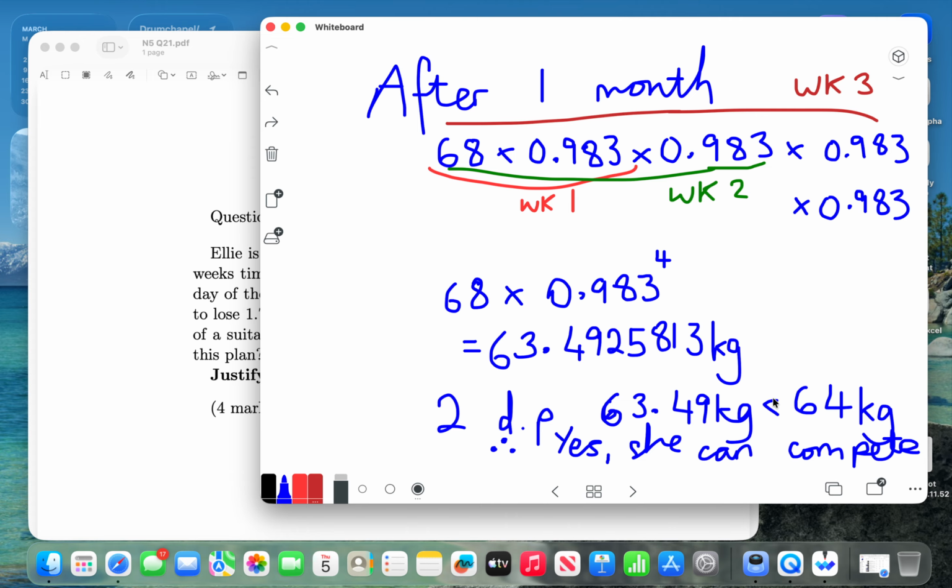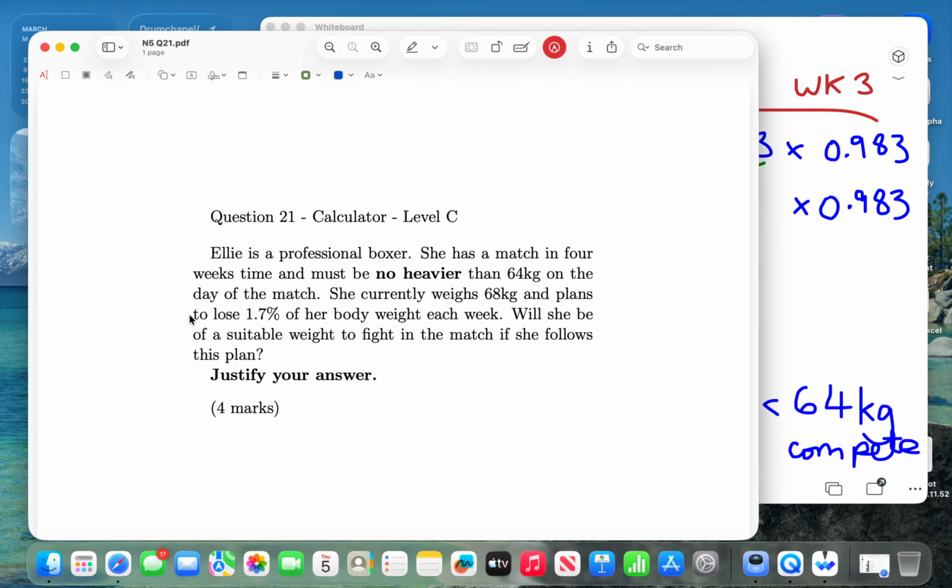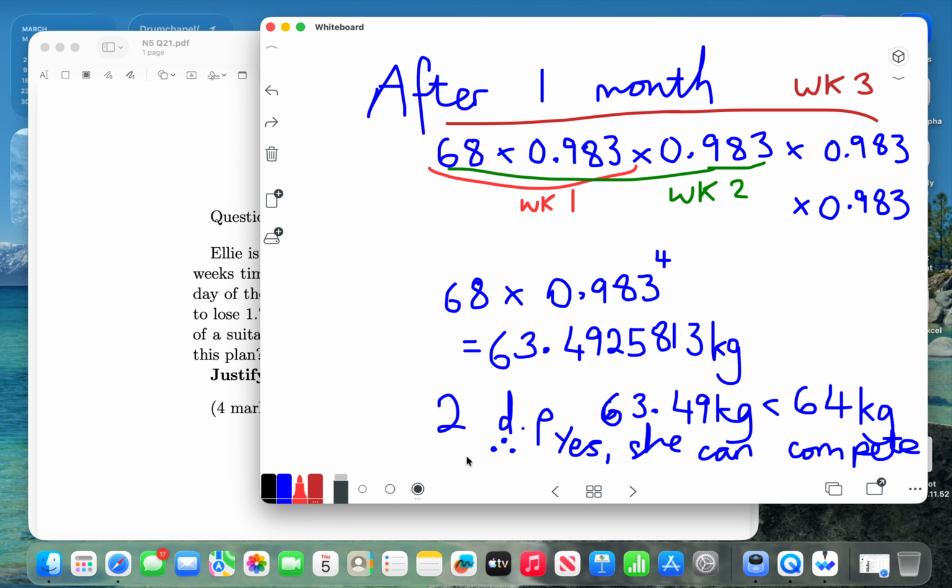You have to give a reason, you have to give the calculation, you have to explain your calculation, and you have to give an answer and tie all of this together. Because if we look, it says justify your answer. We've justified it both by the working and this explanation at the bottom.